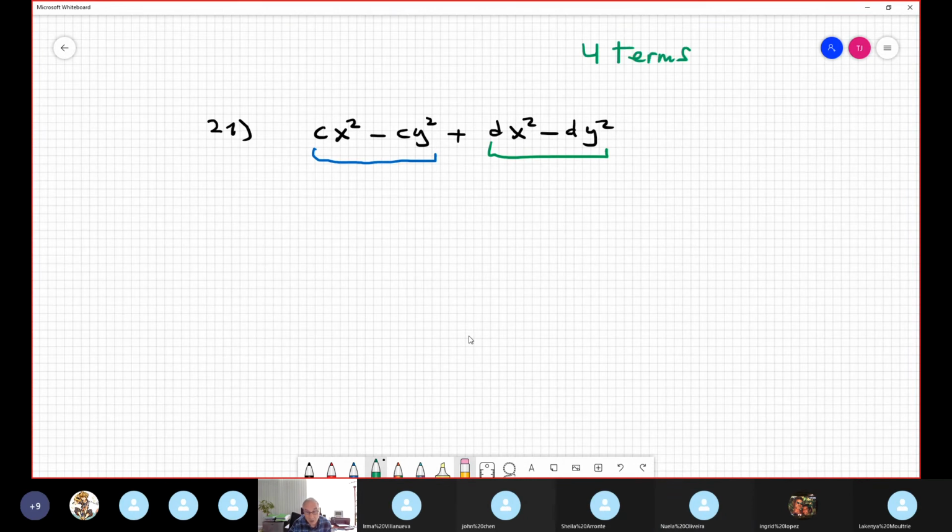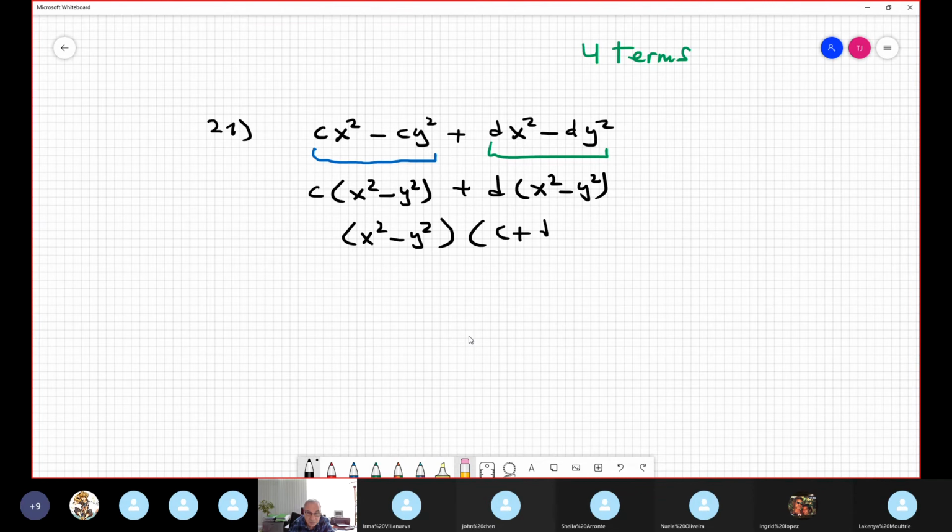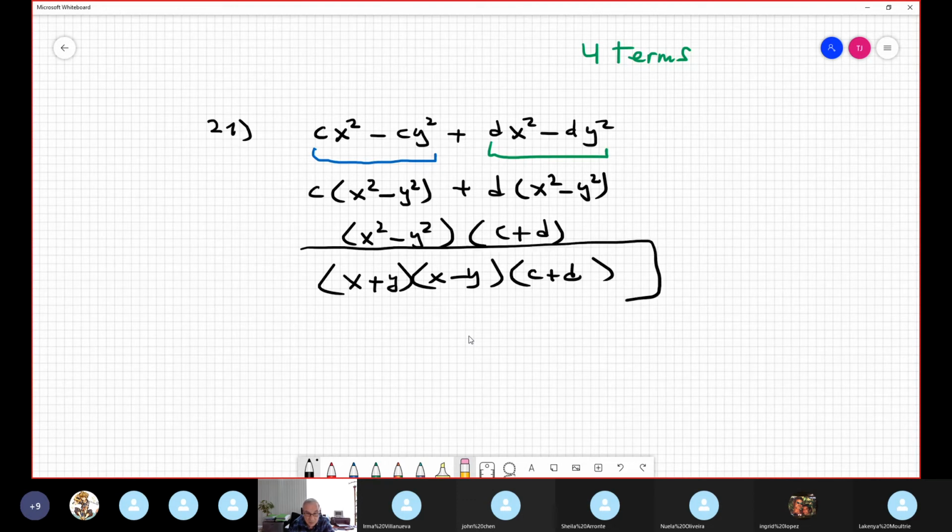We have no GCF in the entire expression, but we have a GCF by couple. The GCF in the first couple is c, and in the second is d. So x squared minus y squared is the common factor, and we have c plus d. Did I finish? No, because we have a difference of squares: (x plus y)(x minus y)(c plus d). End the story. This is the final answer.